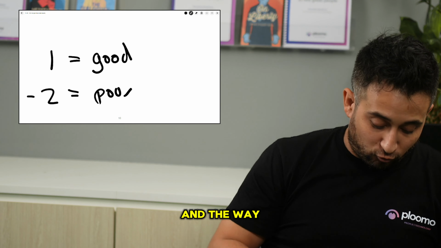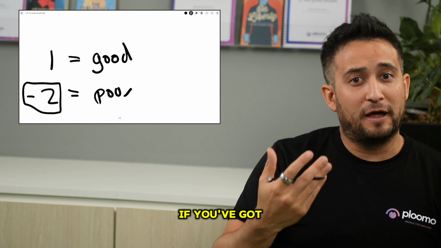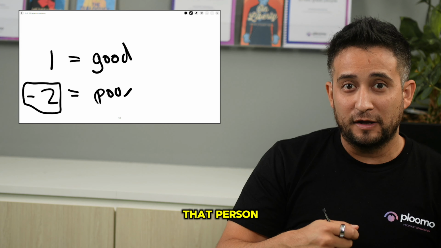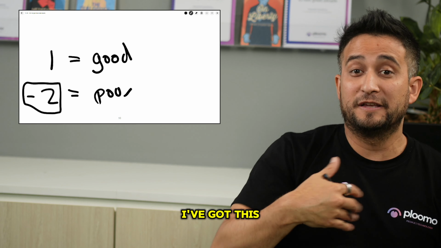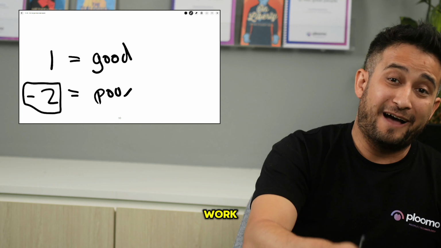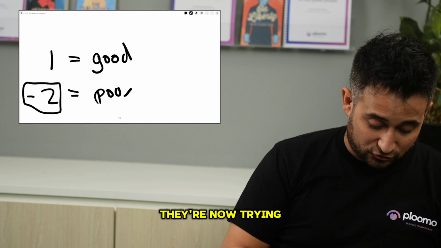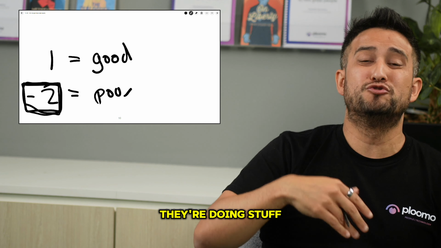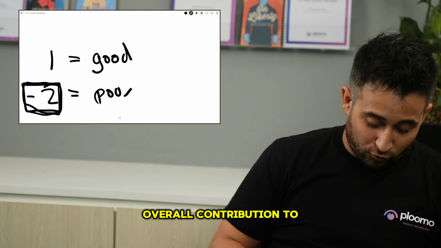The reason this happens is, if you've got negativity, the manager of that person now has to be thinking, what is this person up to? I've got to go check their work. This person who used to be a great performer is now trying to check someone else's work, and what they're doing isn't great. So they're not producing what they used to produce. They're now trying to fix this. So it's possible a person coming in, even though they're doing stuff, is actually a negative overall contribution to the team.